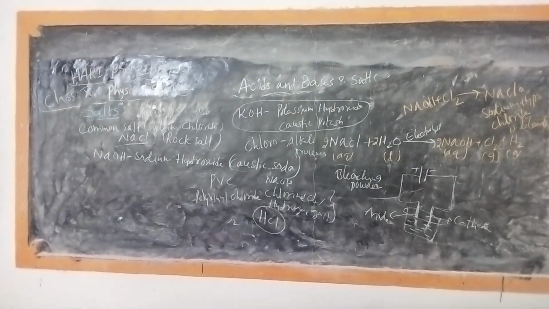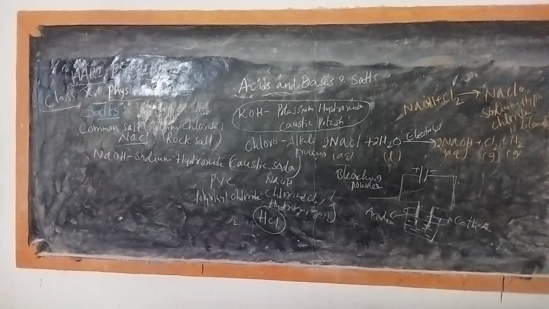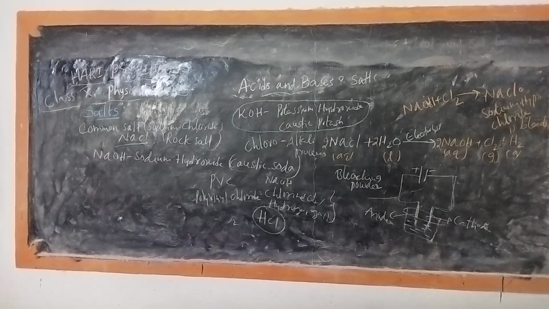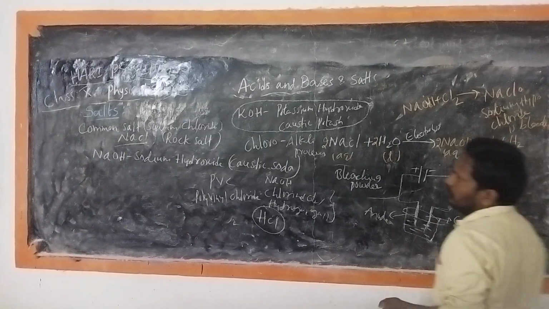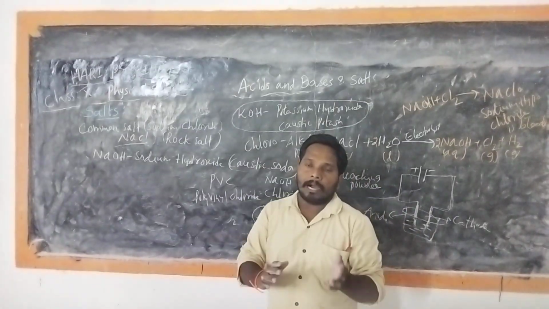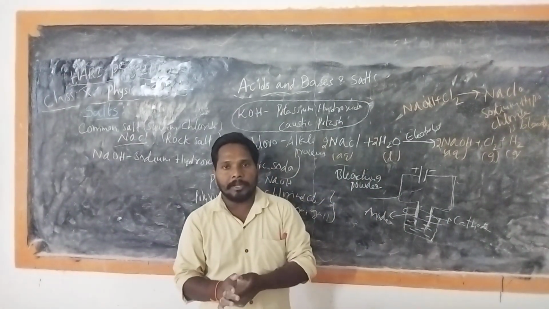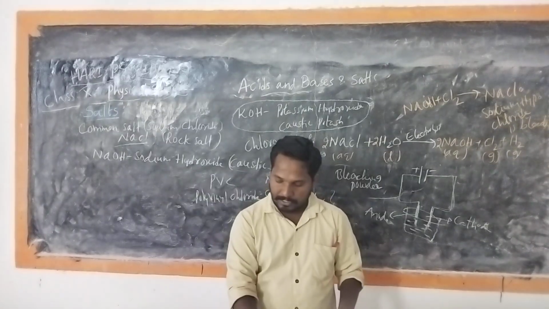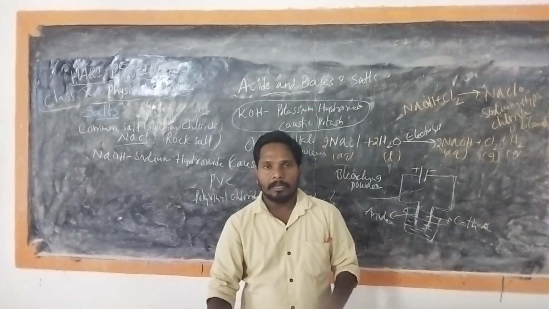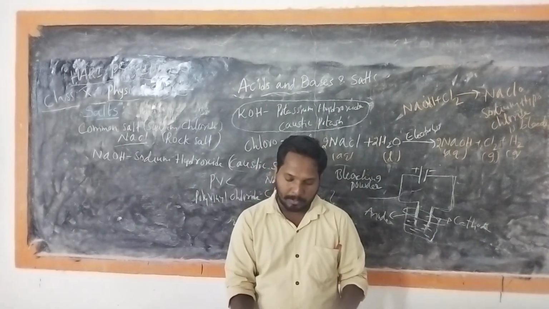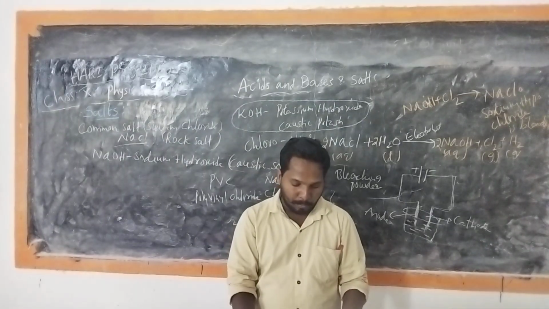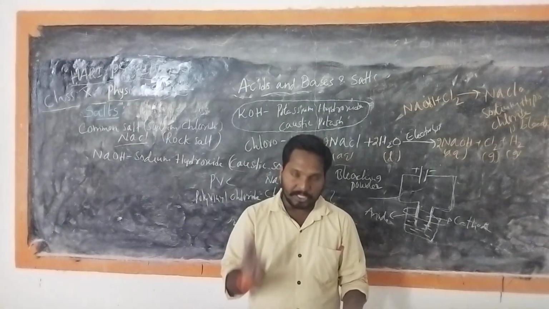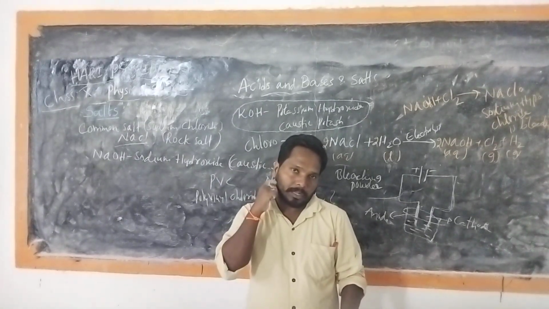Later we will discuss other products obtained from sodium chloride. Already we discussed sodium hydroxide, sodium carbonate, sodium bicarbonate, and bleaching powder.